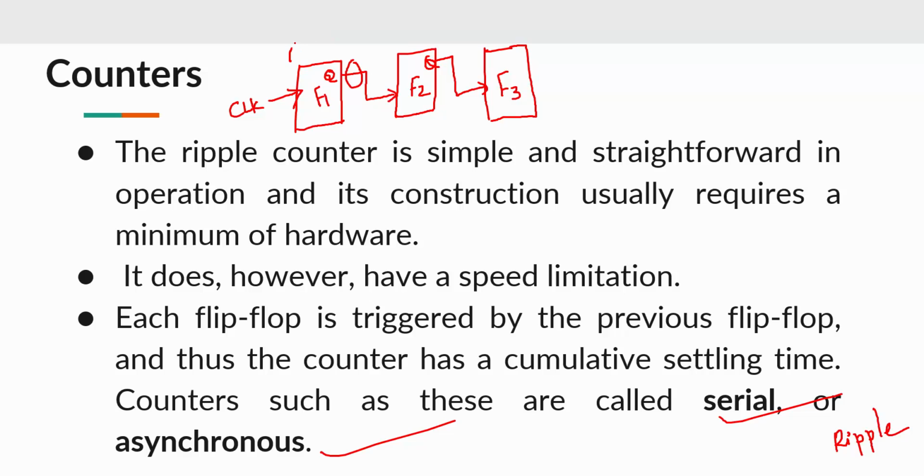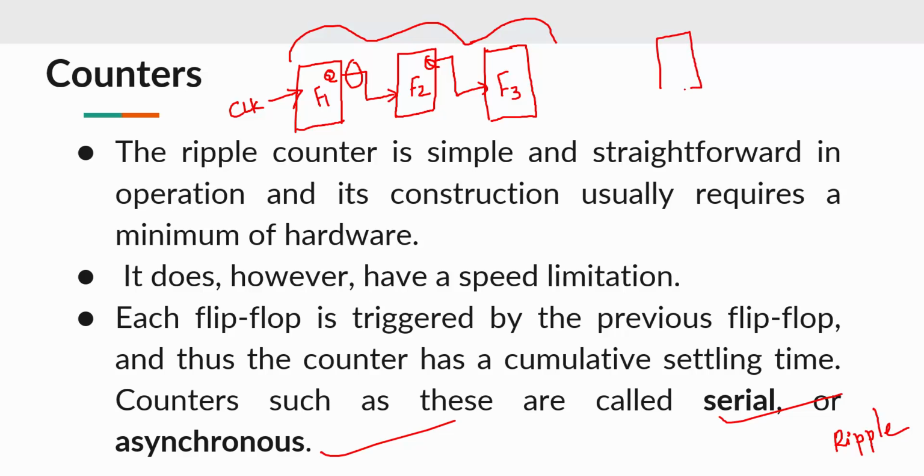So this is like a wave, one triggers the next, just like waves in the sea. That is why it is named a ripple counter. An asynchronous counter is also known as a ripple counter because the variation in the output propagates in a ripple fashion.